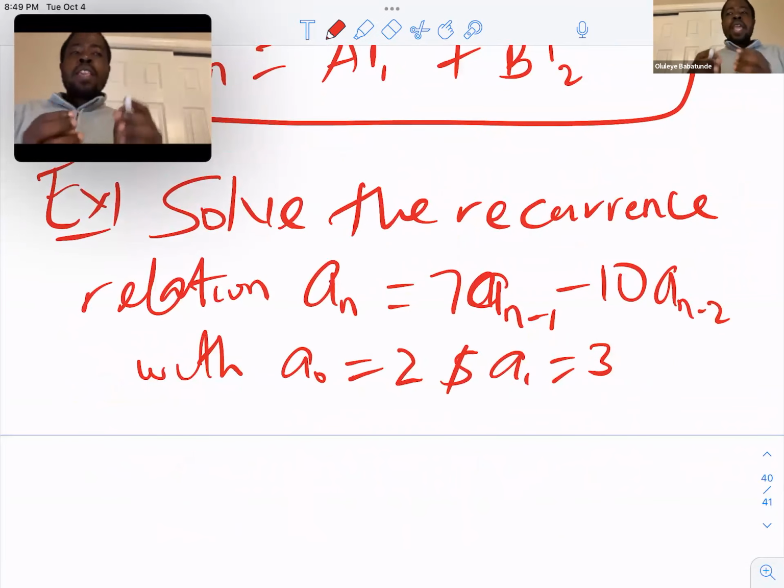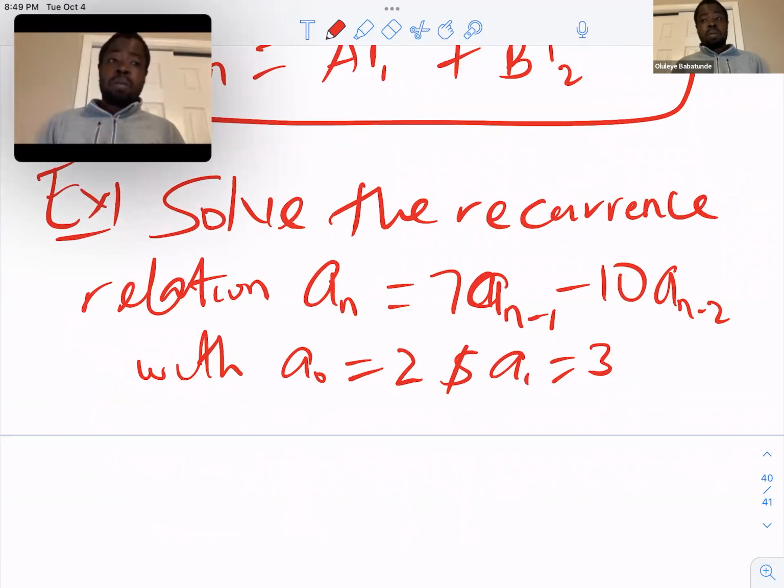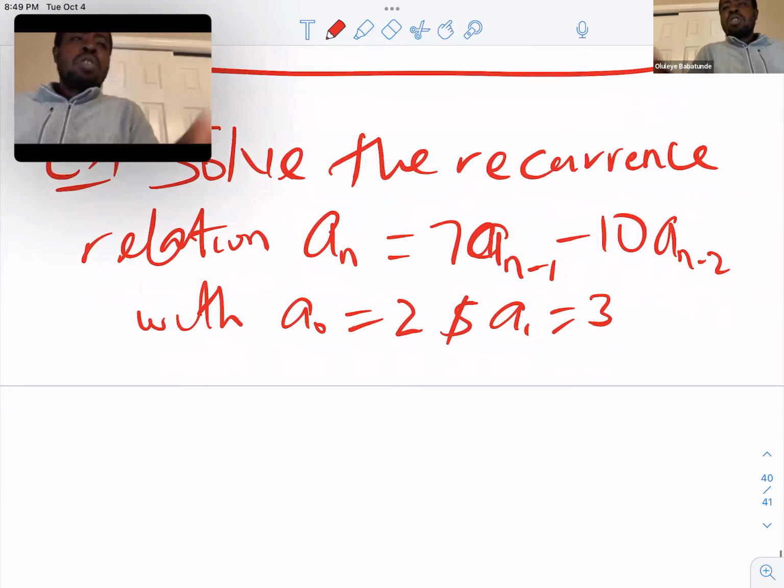Those, your a_0 and a_1, are just the initial conditions. Okay, that is the technique. It's not like so.